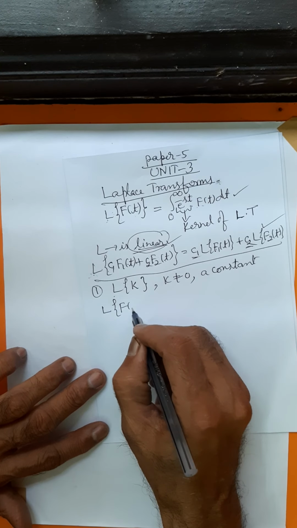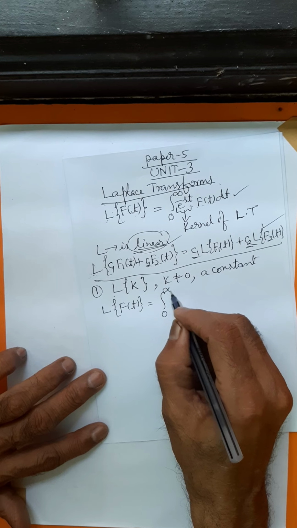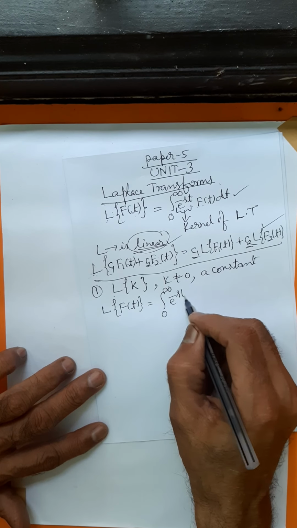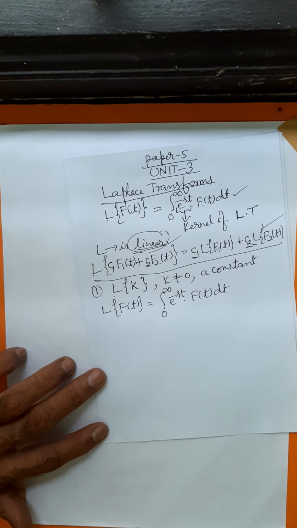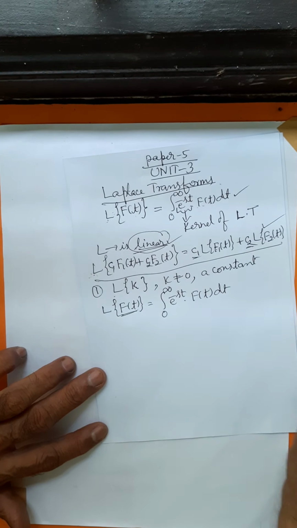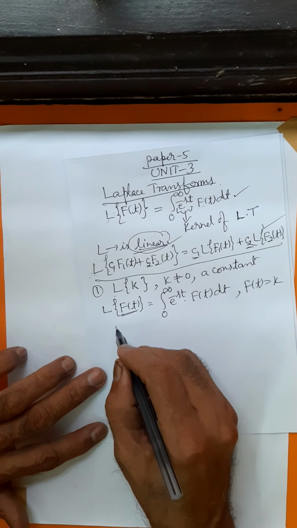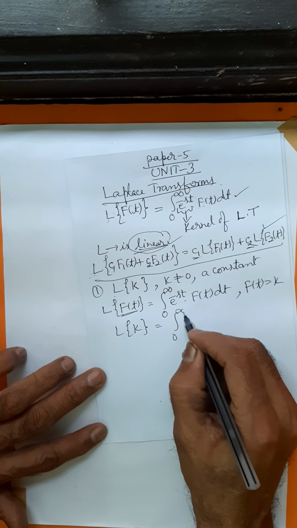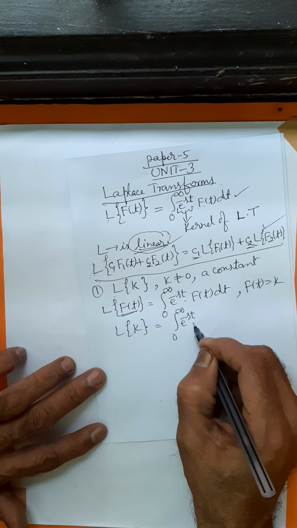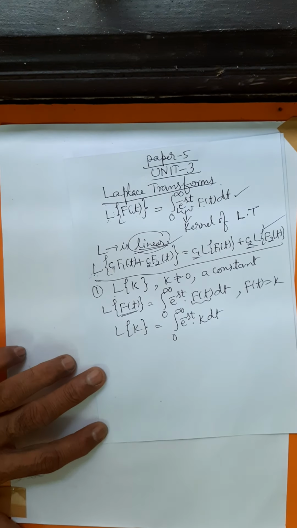The Laplace transform of f of t is the integral from 0 to infinity of e power minus st into f of t dt. Here f of t is equal to the constant function k. Put f of t equal to k: the integral from 0 to infinity of e power minus st times k dt.